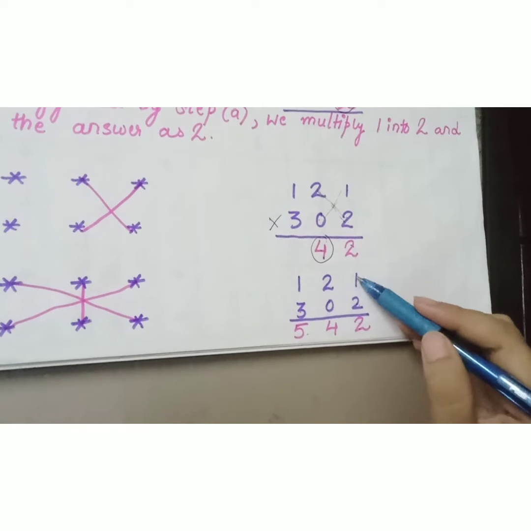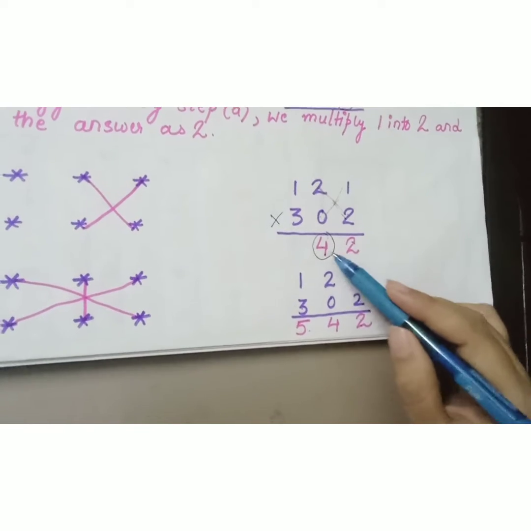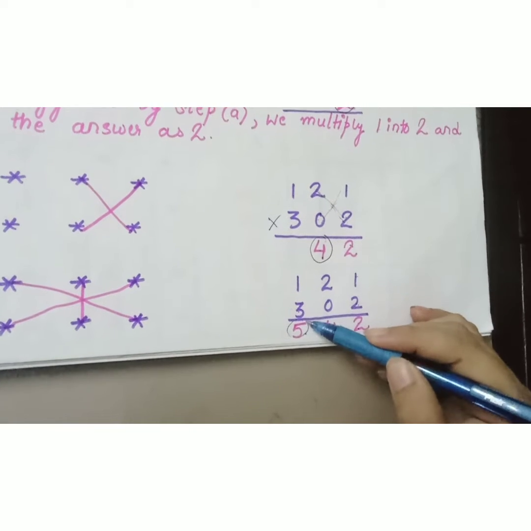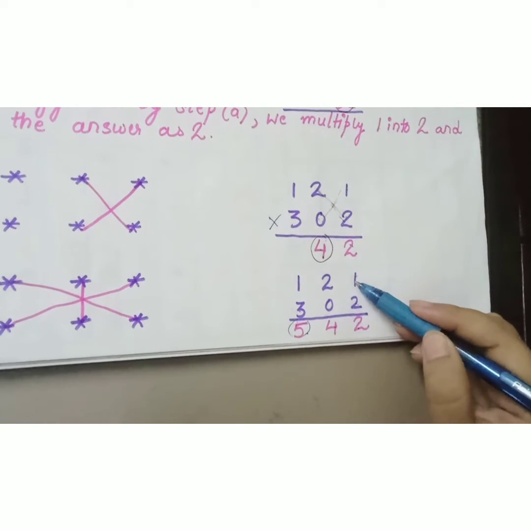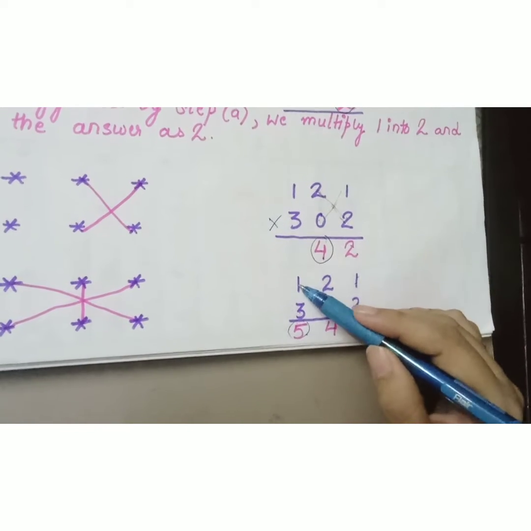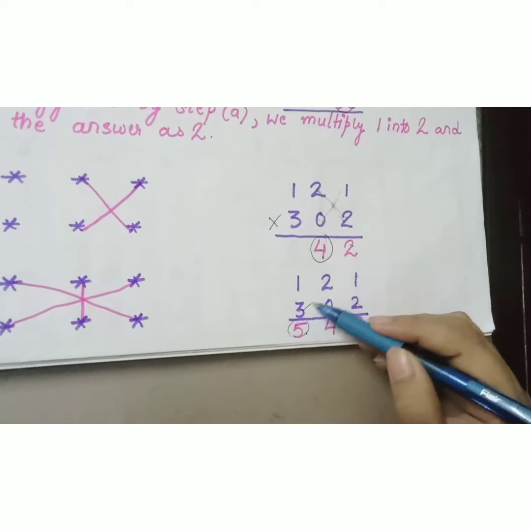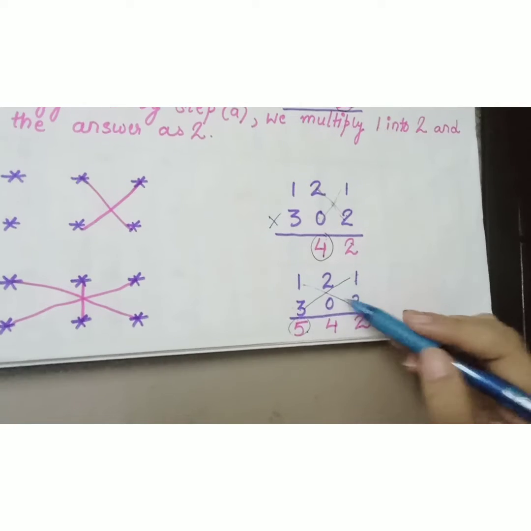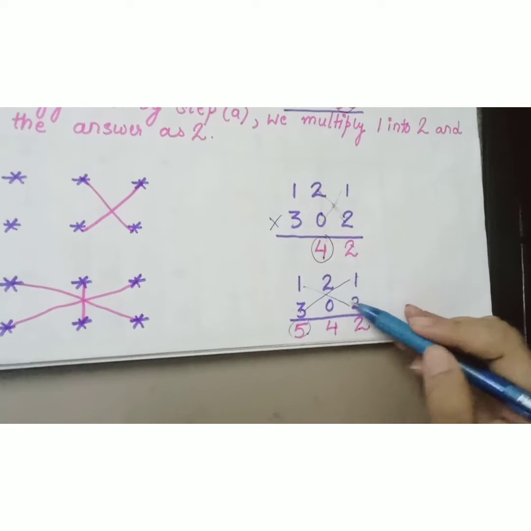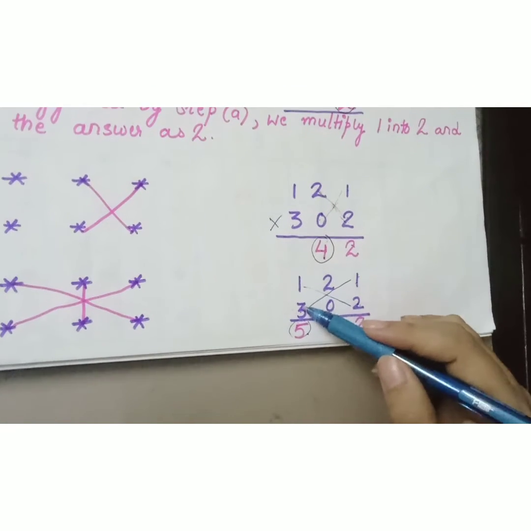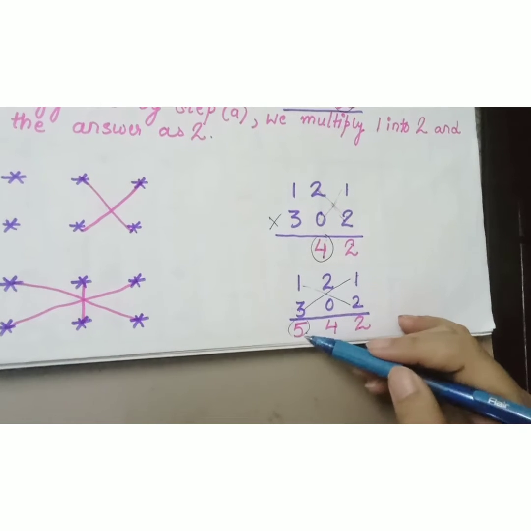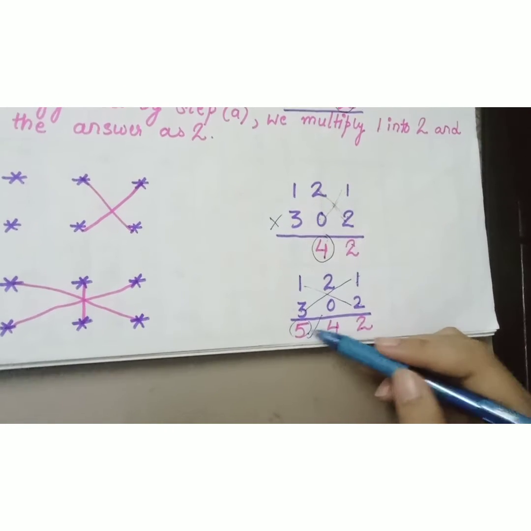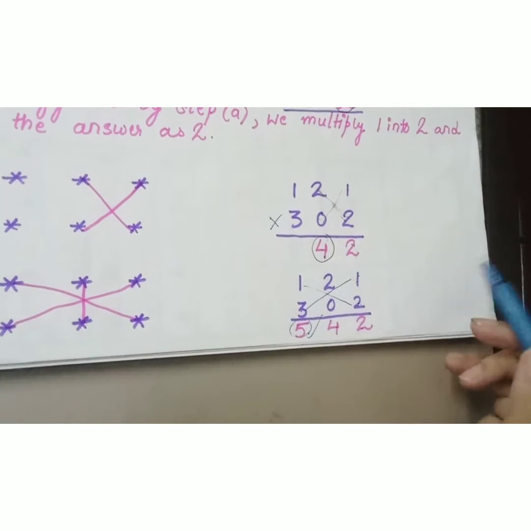Then 1 into 2 as it is, then 4 here. How do we get this number? 3 into 1, 1 into 2. So 3 ones are 3, 2 ones are 2. When we add 3 with 2, we get 5. So we get another number. It comes out to be 5, 4, 2.